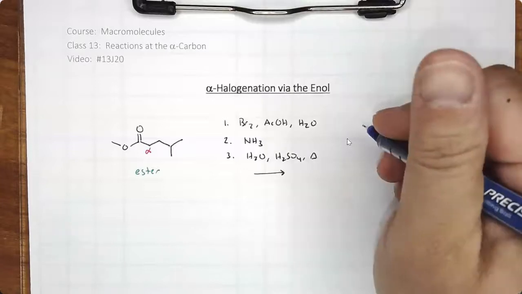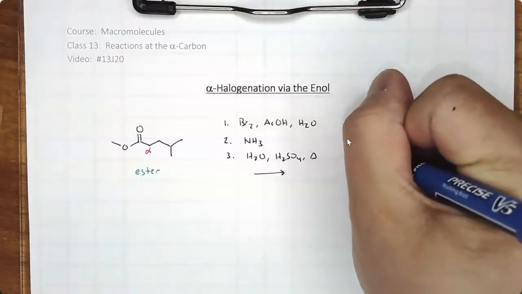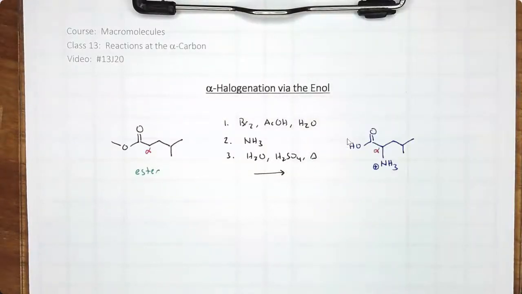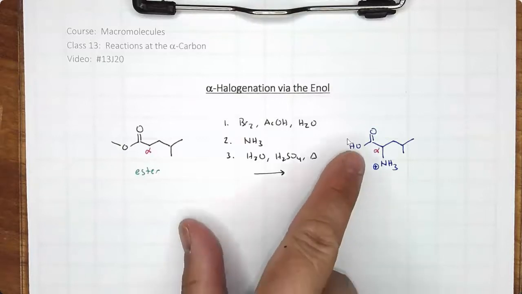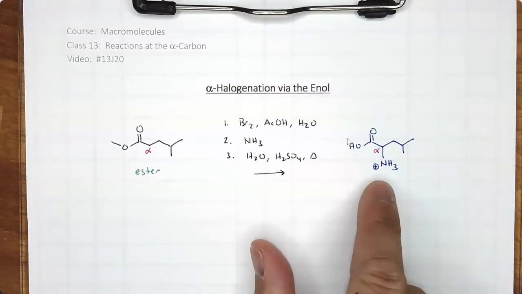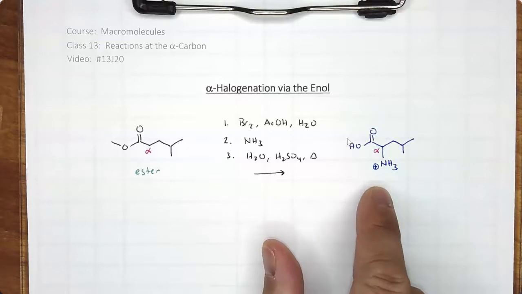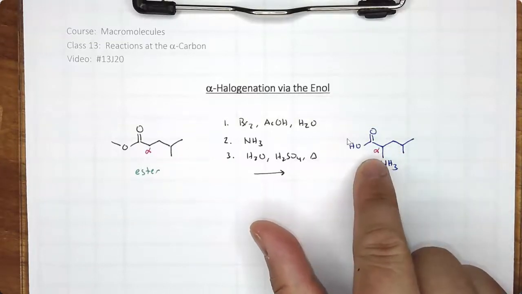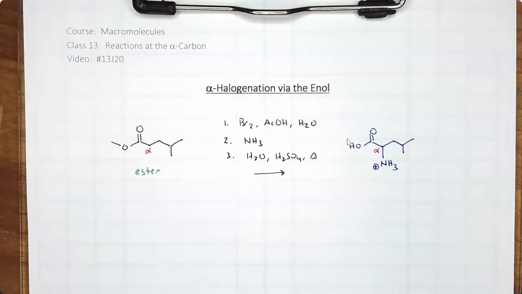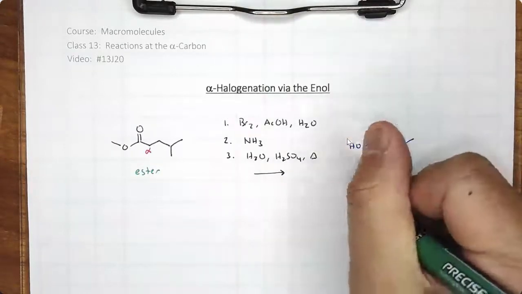The product that I would get looks like this. Does that look familiar? We have a carboxyl group. We have a protonated amine in this case. We have an R group coming off of the alpha carbon. This is an alpha amino acid.